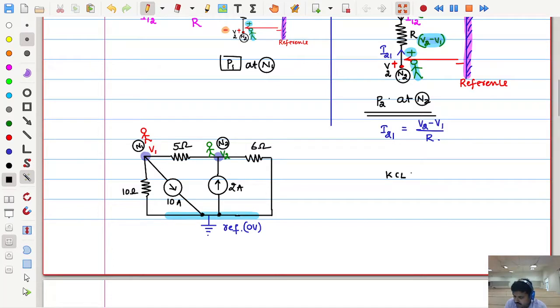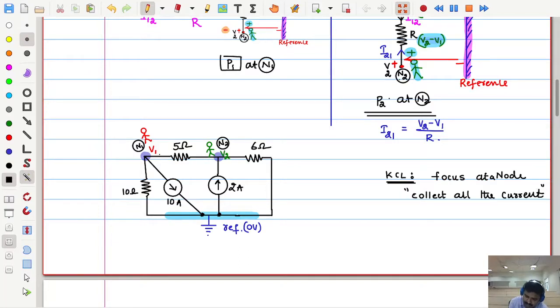In Kirchhoff's current law, we focus at a node and try to grab all the currents which are going away from or coming into that node. We collect all the currents and keep them in our bag. That is the main objective of Kirchhoff's current law.